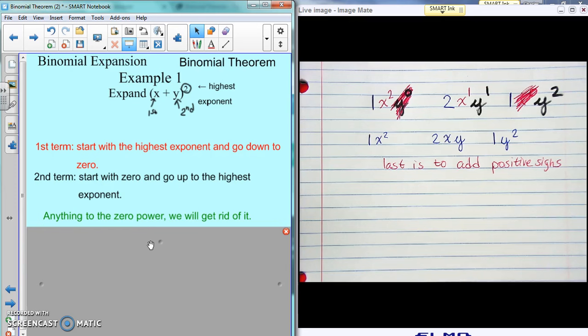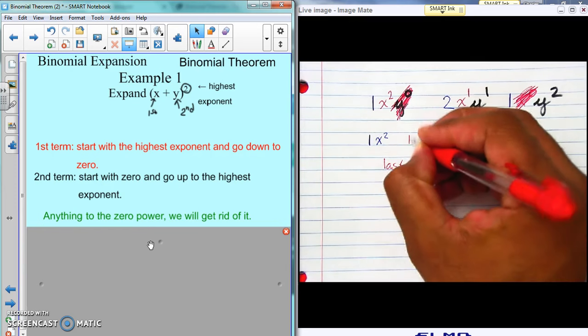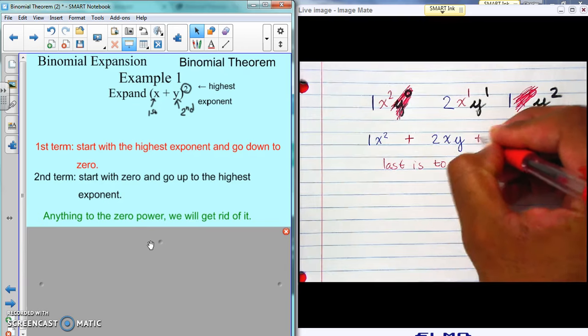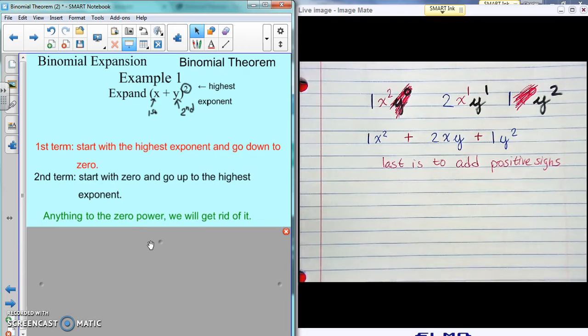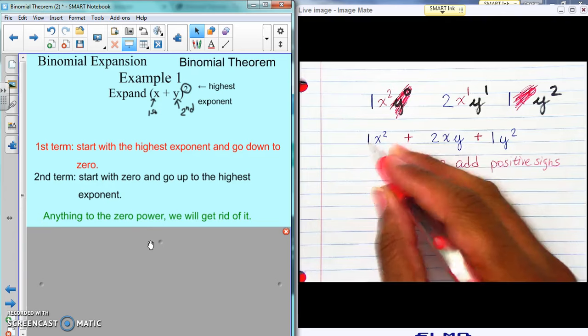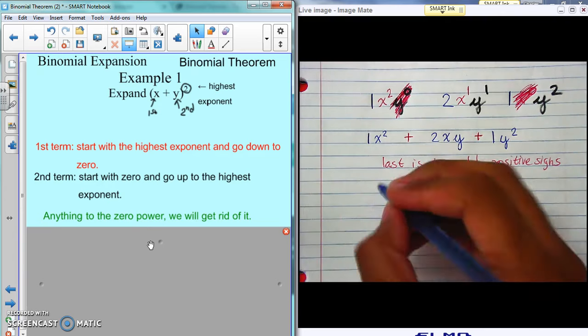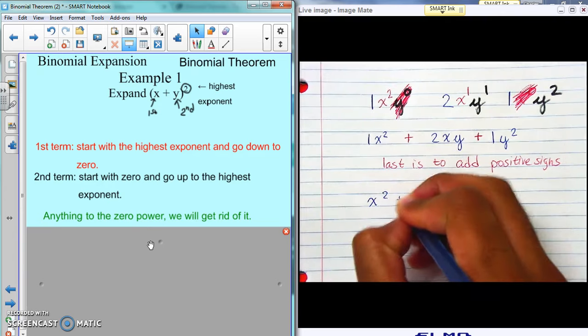So we just add positive signs. In other words, we add one here, we add one here, and that's it. Again, if you want to drop those ones off, you can do that too. So we can just say it's actually this.